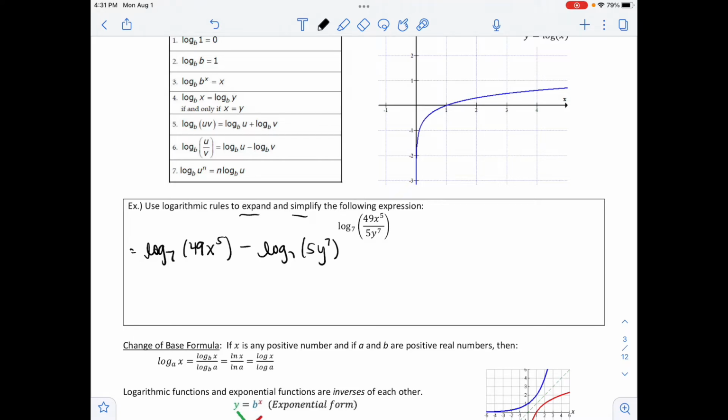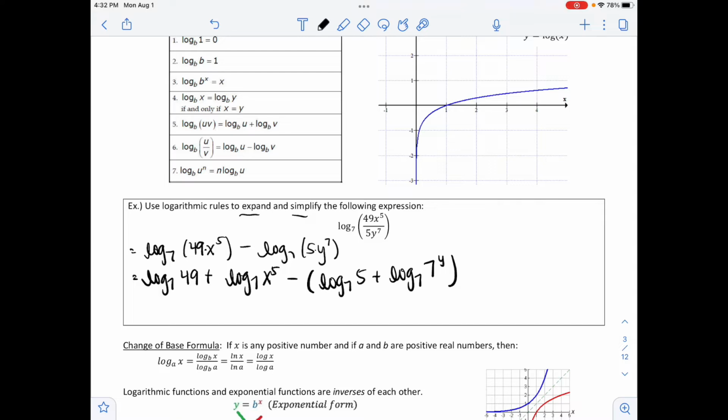And then again, I can use rule 5 that's listed up above because we are multiplying in here. And so we can rewrite this as log base 7 of 49 plus log base 7 of x to the 5th minus, and I'll put parentheses since this is subtracting that whole entire log term, log base 7 of 5 plus log base 7 of 7 to the y.